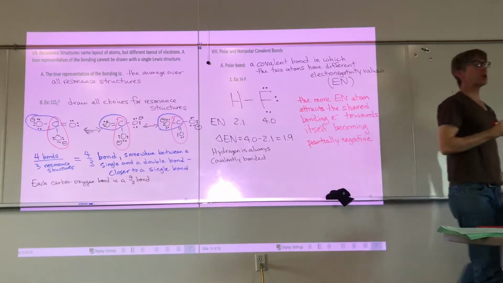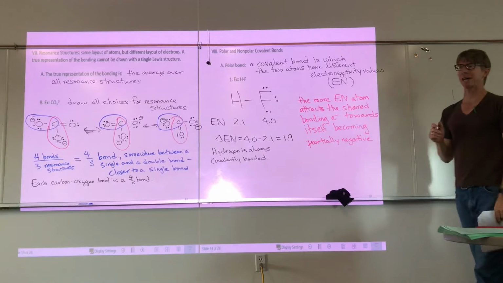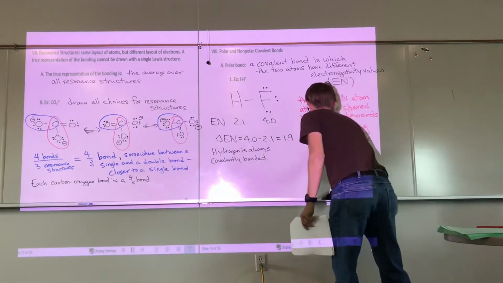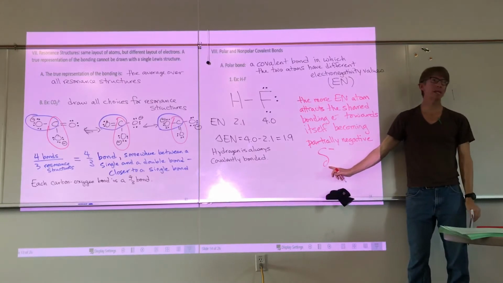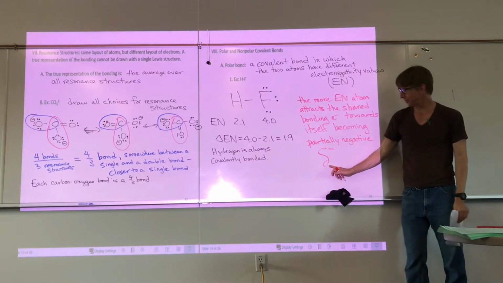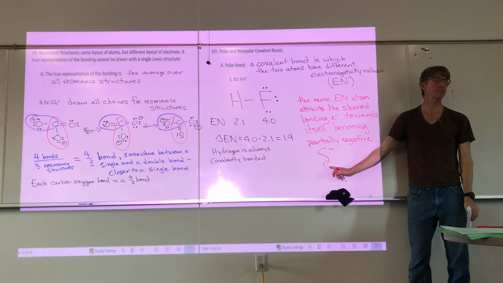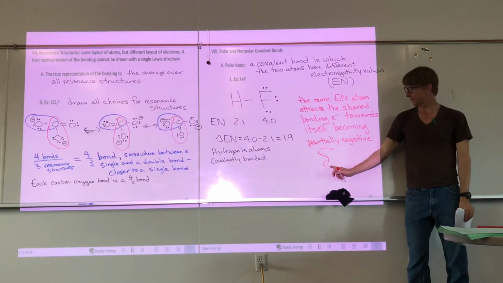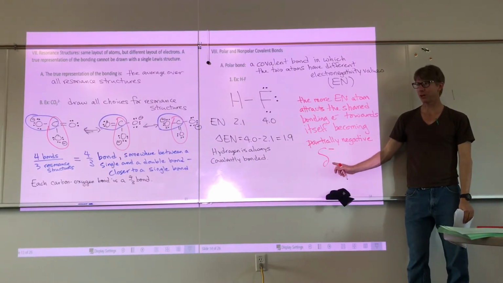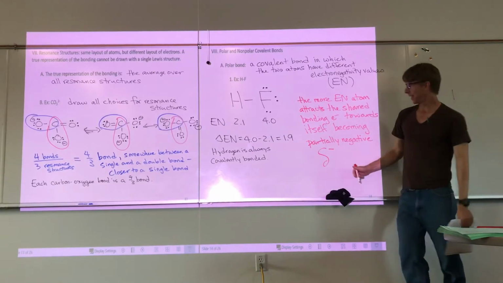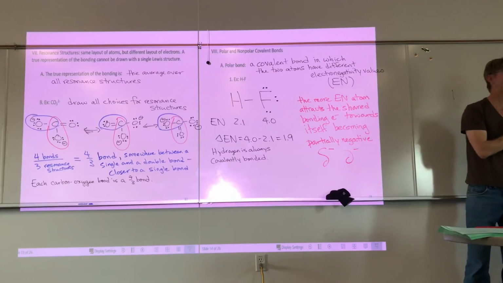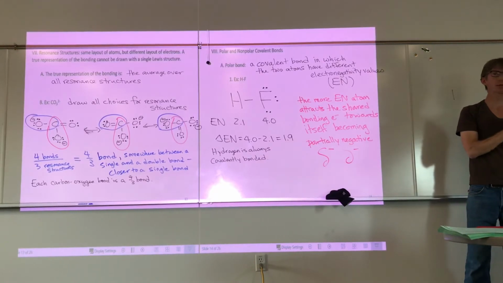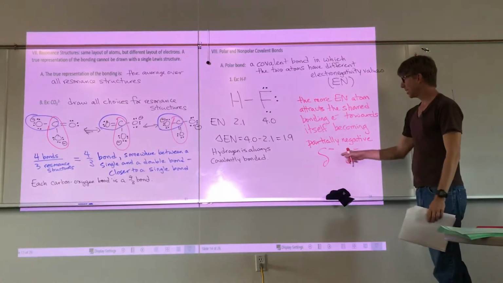The way in which we show partial negative, there will be two ways. One of them is to draw a lowercase Greek letter delta, like a squiggly D with a minus sign. That means partial negative. You can also draw it like that as well.